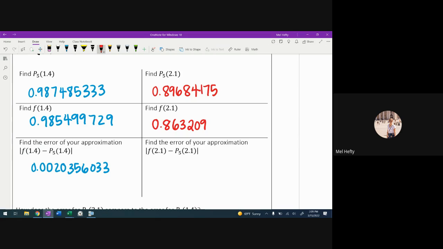So since I wrote this at 0, 1.4 is closer to 0 than 2.1 is. The function could have weird behavior, but usually the farther I get away, the worse my approximation is going to be, in that the error will be larger.